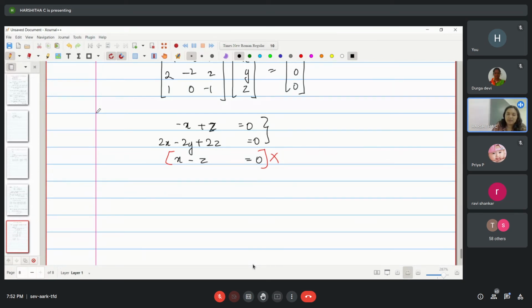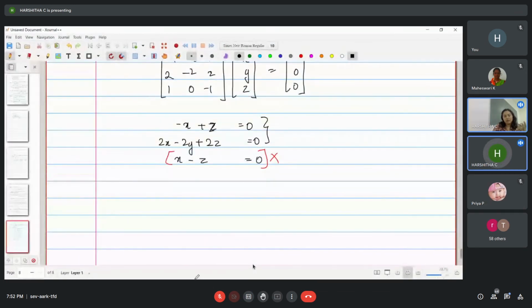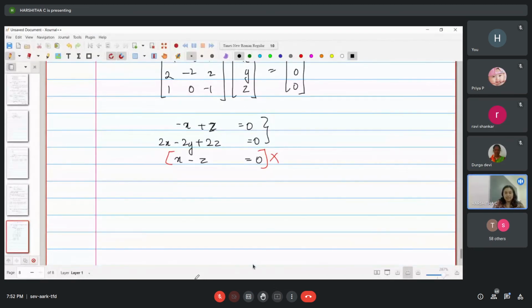And if you remember one thing, whenever the number of equations is less than the number of unknowns, you will always have a non-trivial solution. See, if you look at this system, x equal to 0, y equal to 0, z equal to 0 is always a solution. But if the number of equations is less than the number of unknowns, you will have a solution apart from this trivial solution.